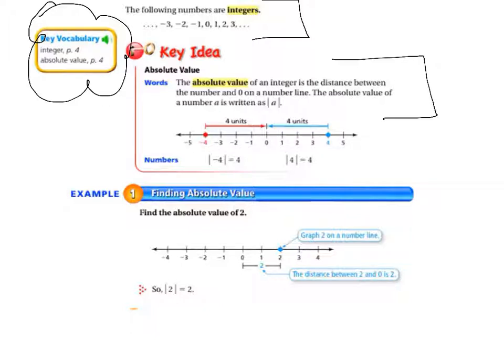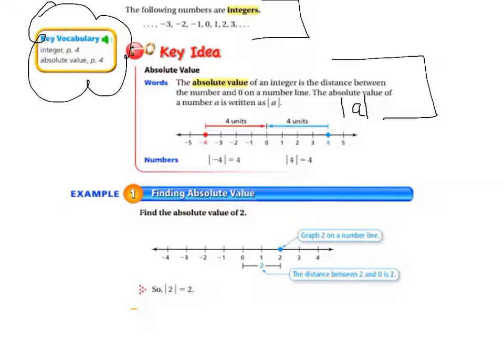The absolute value of a number, a, is written as absolute value of a. So remember yesterday when you wrote this in your notes, you wrote the absolute value sign as those really straight bars with a number in it, and this time we're just going to use the variable a.